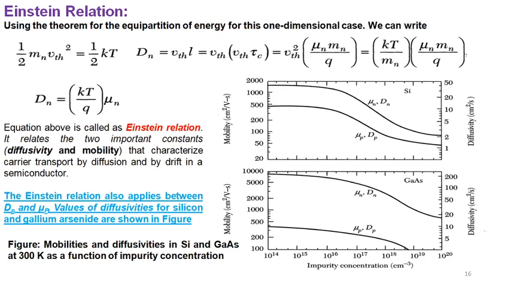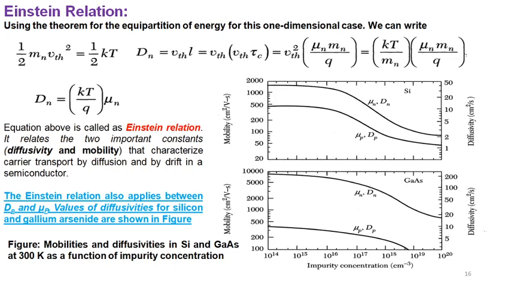This relation connects two important parameters, one is the coefficient of diffusion and the second is the mobility. The Einstein relation also applies between Dp and mu p, and the values of diffusivity are shown in the figure.